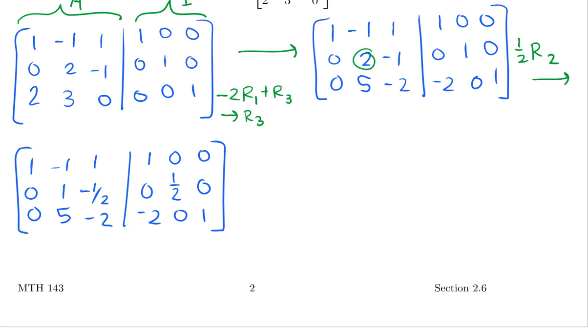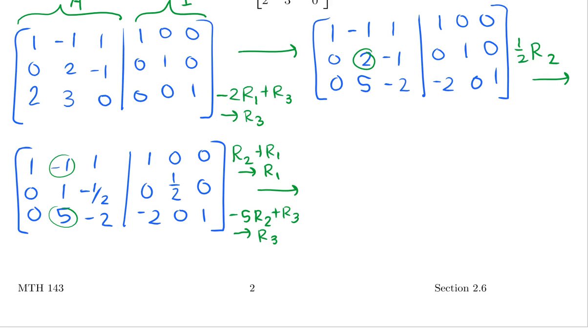So we need some more row operations. We need to make the negative 1 and the positive 5 zeros. So we will need 1 times row 2 plus row 1, and this goes into row 1. And then we will also need negative 5 times row 2 plus row 3, and this will go into row 3. Alright, so our new matrix then will be the following.